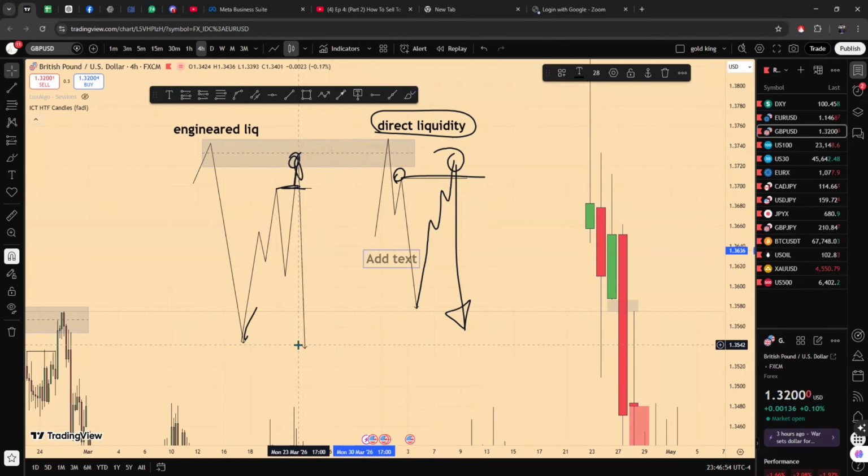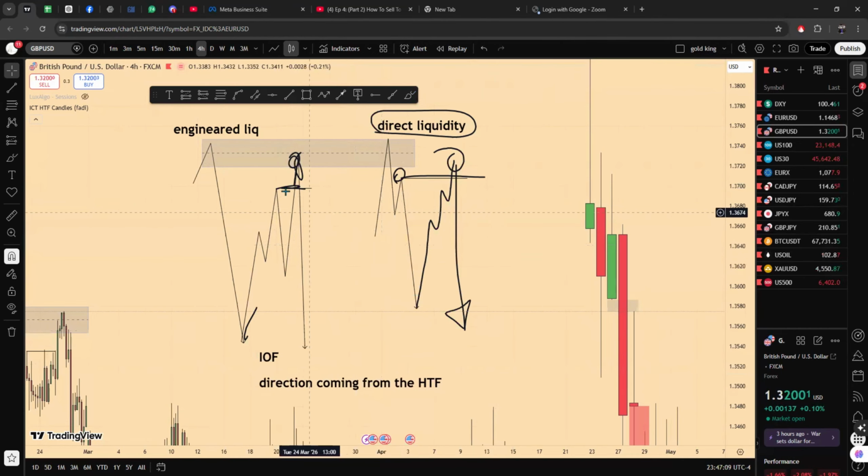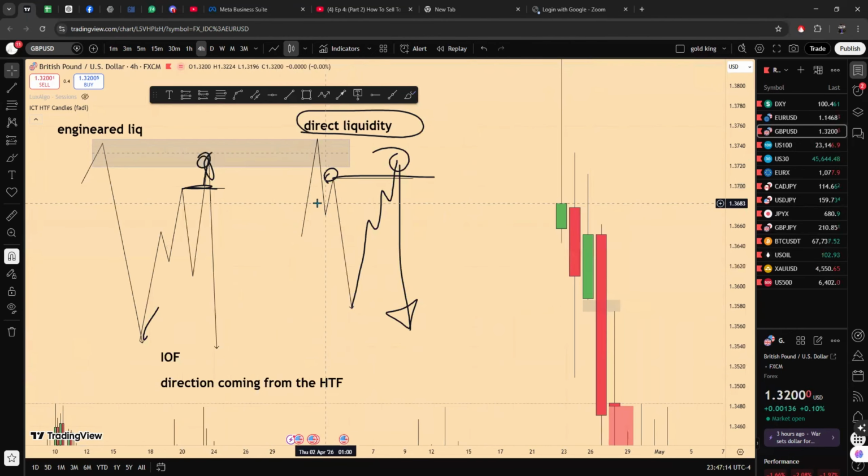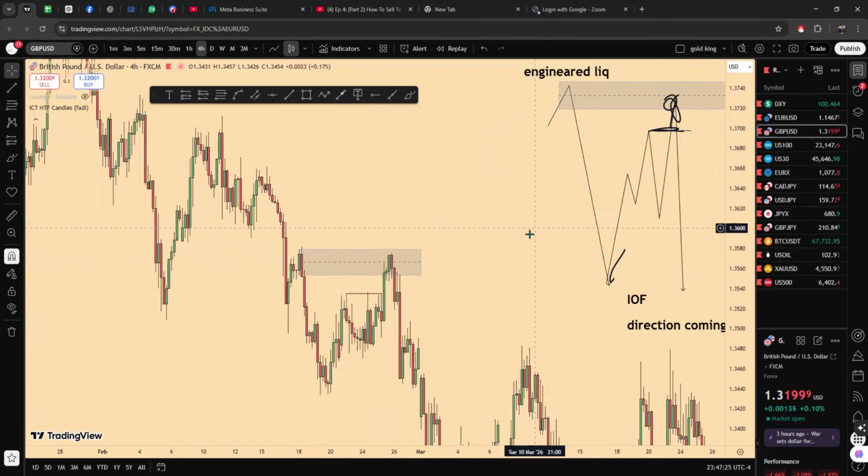Understanding your IOF means you understand direction coming from the higher time frames. If you understand direction coming from the higher time frame, you will not be scared to enter this trade. Or simply you can step down to a lower time frame to have your entry. This is a whole strategy I'm sharing out here.